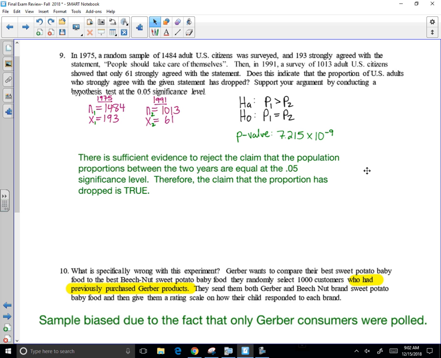Then a bunch of other people were surveyed, and 61 agreed with the statement. So you have a number of trials and a number of successes for 2 separate categories. That's an indicator that we're dealing with a 2 population proportion test, or a 2-prop Z test.